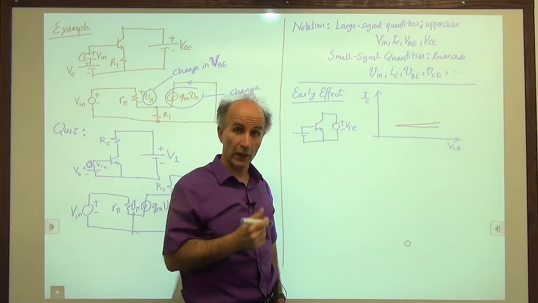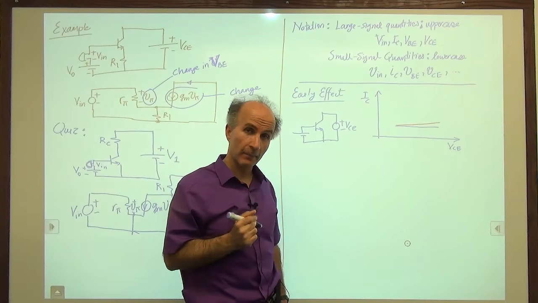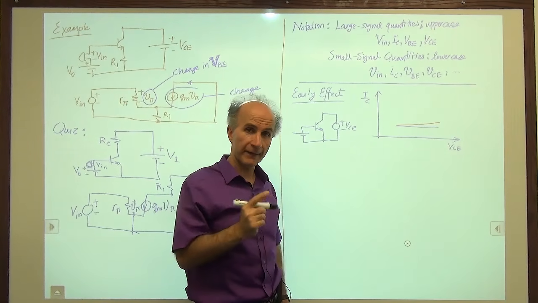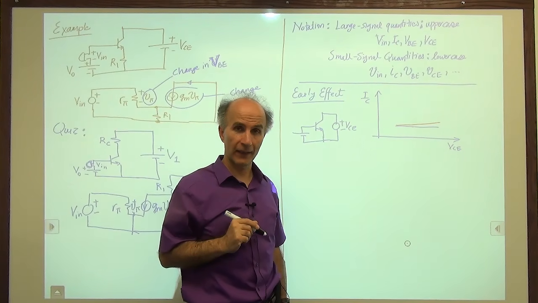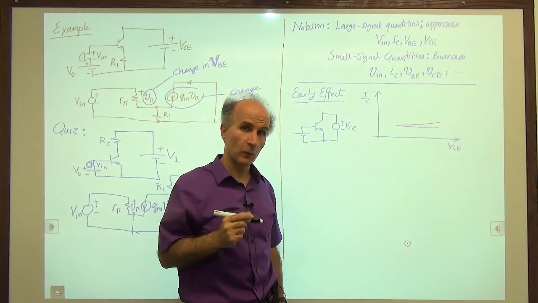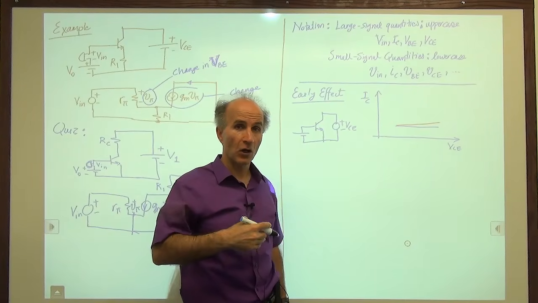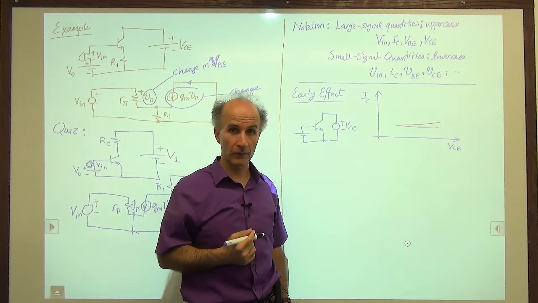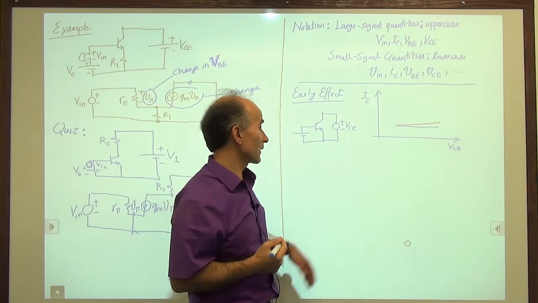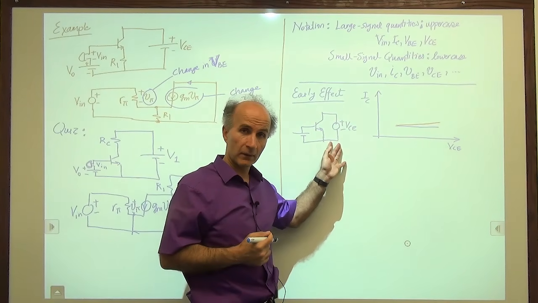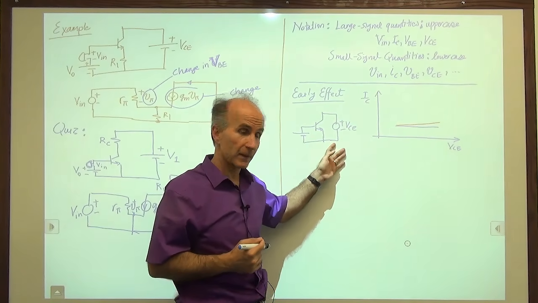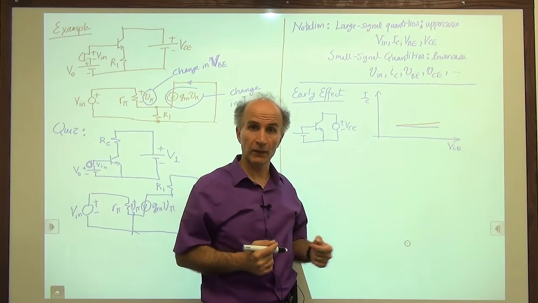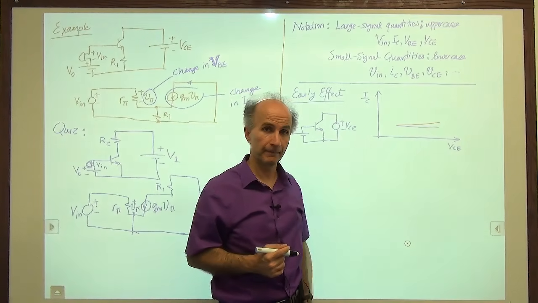Now, we are curious to see why it happens, but more importantly, we are curious to see how this affects our circuit analysis and design later. And that's why we need to have some understanding of the inner workings of the transistor, the internal operation of the transistor. So let's go inside the transistor and examine exactly what happens as the collector emitter voltage increases. Maybe we can figure out why this current goes up.